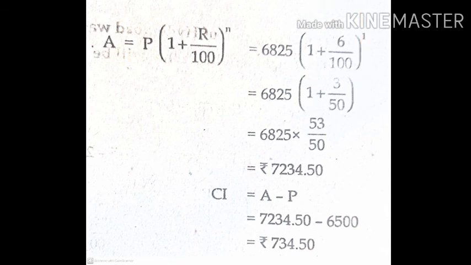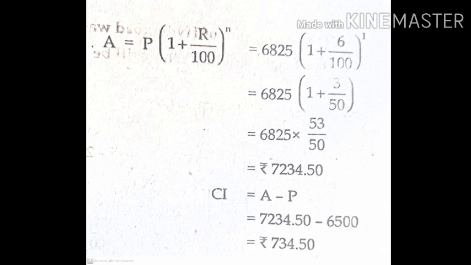Next step 6,825 into 50 plus 3, 53 by 50. After simplification, we get 7,234.50. Therefore, compound interest is equal to amount minus principal.